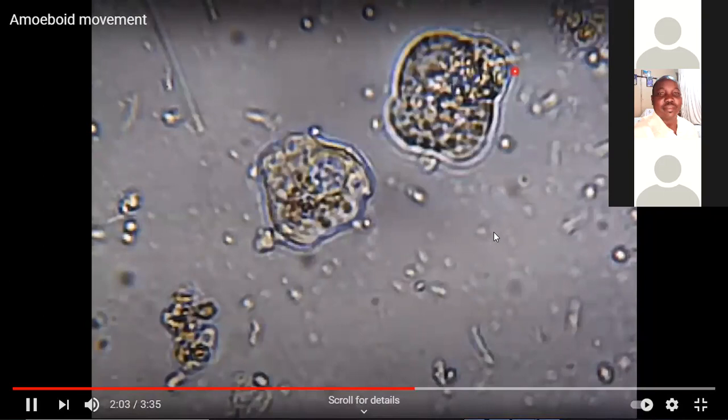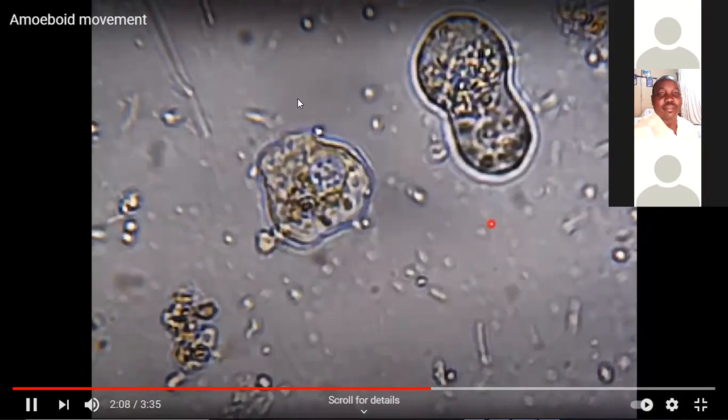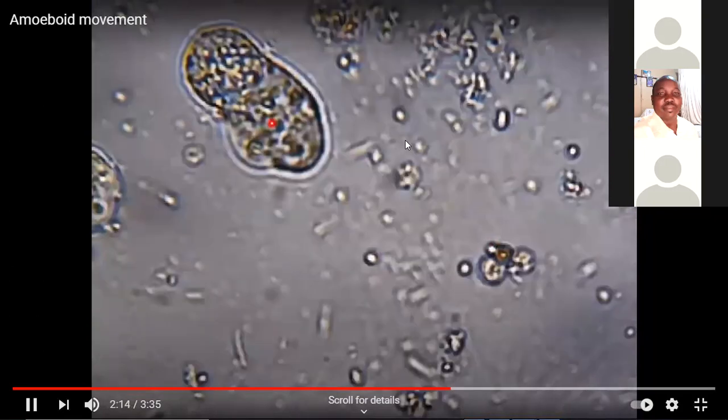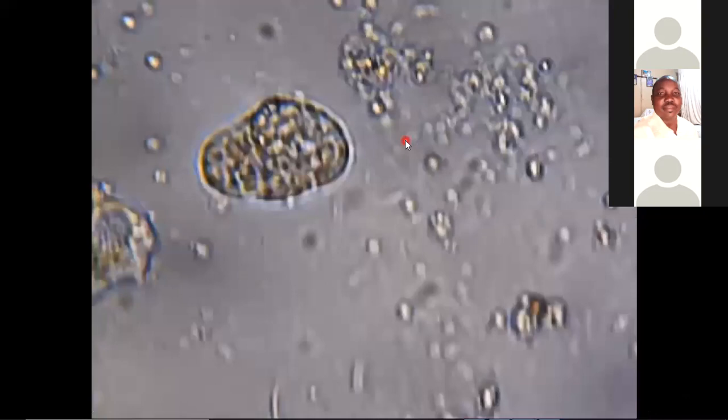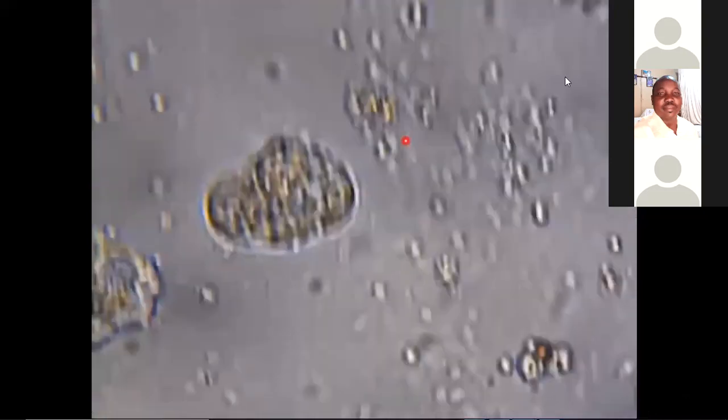Okay? If the pseudopodia is formed, then the whole body is displaced. Look at this one.